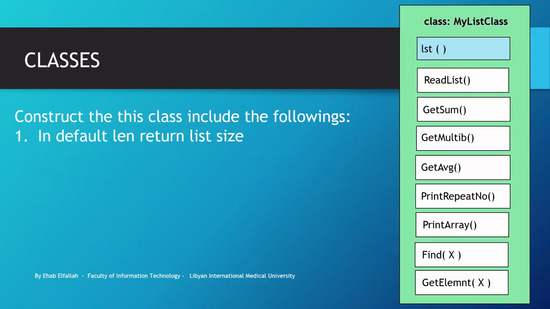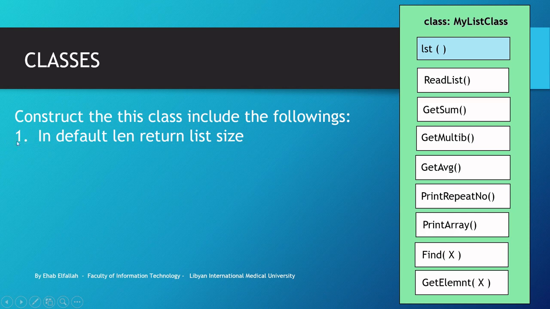We have another class and another example, so please try to solve this class, which is MyList class. We have one attribute, list, and we have some methods. Try to solve these methods, very easy. So the question is: construct this class, including the following.